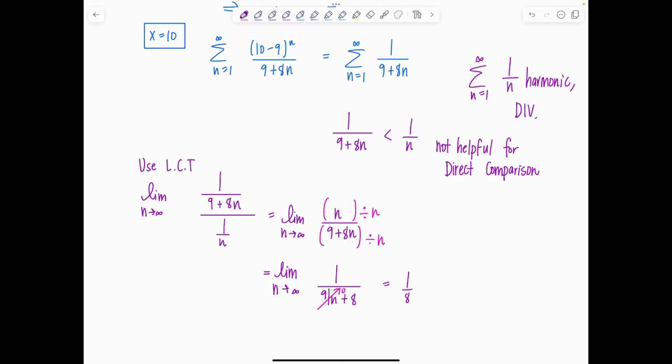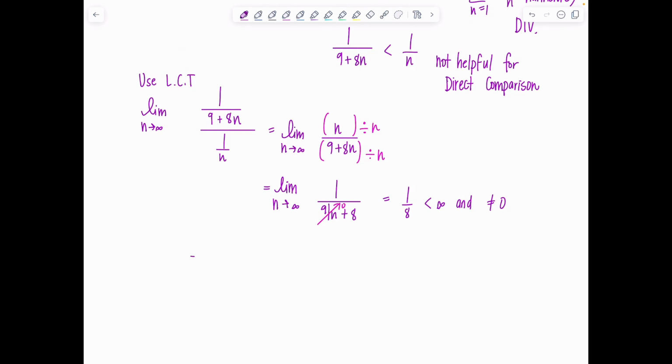Do you remember what's important when we do the limit comparison test? That this limit is finite and non-zero. And then limit comparison tells me my series does the same thing as the one I compared it to. So then I know the sum, n equals 1 to infinity, of 1 over 9 plus 8n also diverges, because I compared it to the divergent harmonic series, by the limit comparison test.